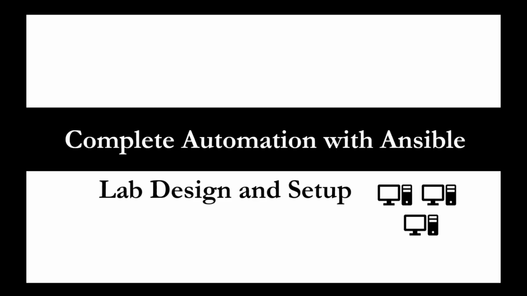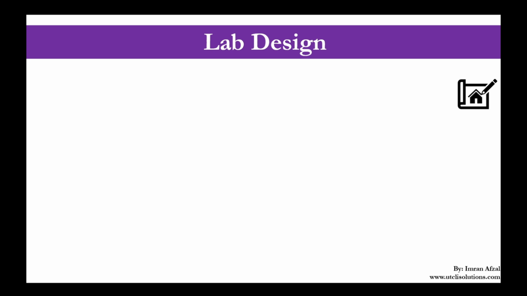In this video, we are going to talk about how we are going to design and set up our lab. So let's talk about designing our lab first. If you are in the corporate world, working for any company, for example ABC or XYZ company, and you wanted to do automation through Ansible, then most likely you do have access to a server or a computer with the Linux operating system running on it.